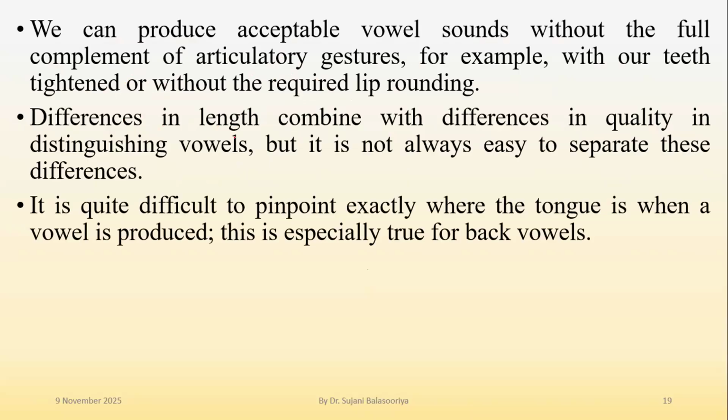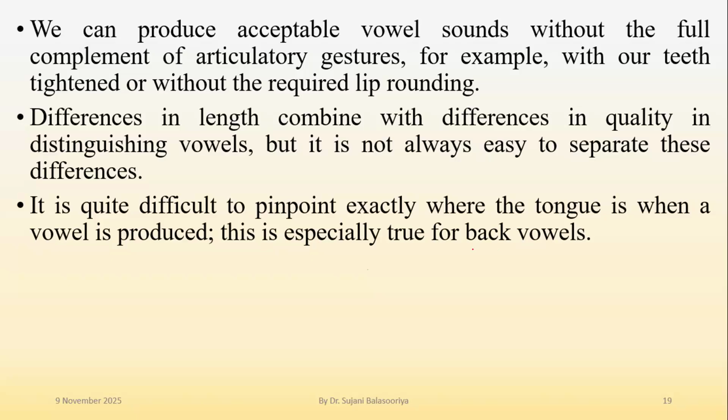And also differences in length combined with differences in quality distinguish vowels, but it's not always easy to separate these differences. And it's quite difficult to pinpoint exactly where the tongue is when a vowel is produced. This is especially true for back vowels.